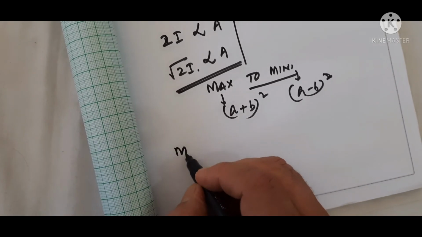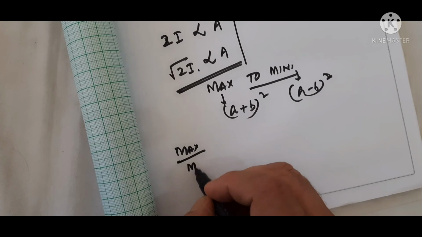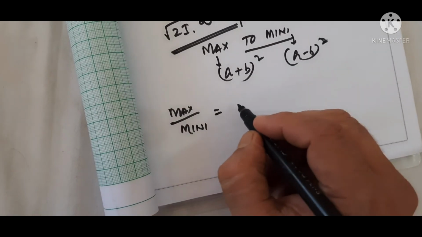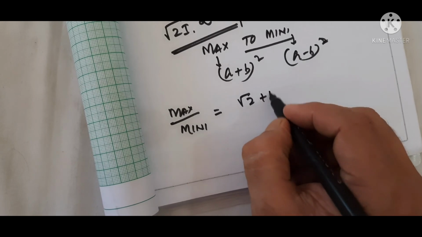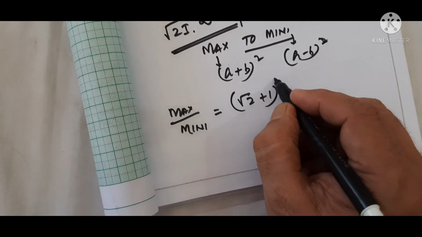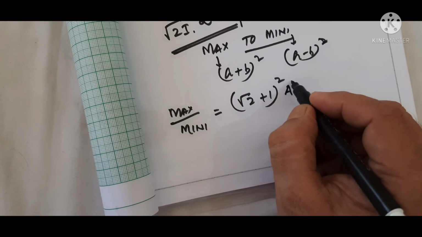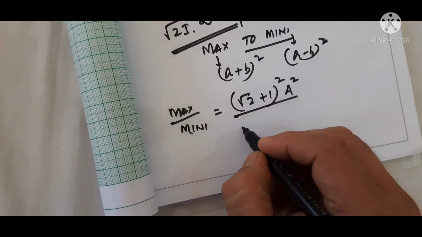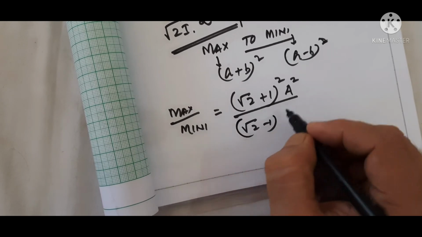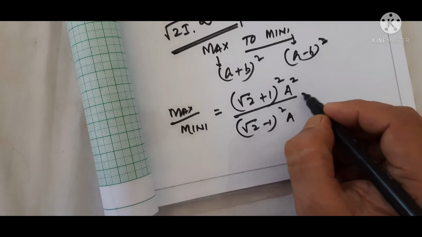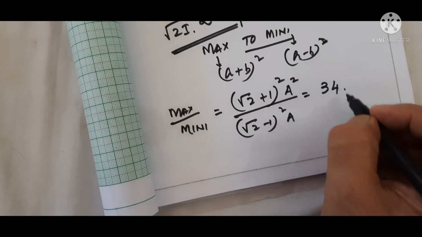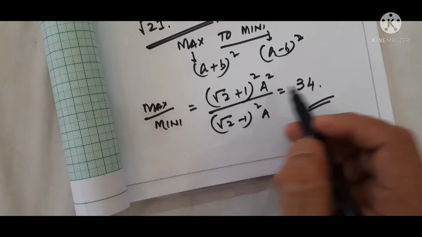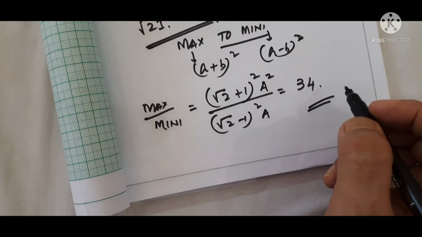So here the ratio of maxima to the minima will be root 2 plus 1 whole square over root 2 minus 1 whole square, where a is your original amplitude, taking out the common factor. So ultimately it is 34. That should be your answer. Just calculate and you will get 34. That should be the ratio.